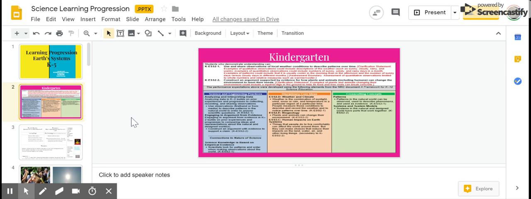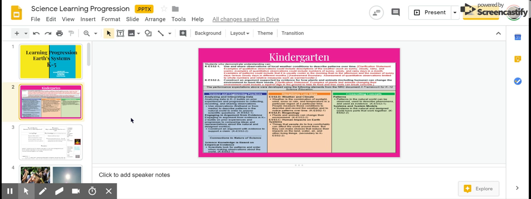And with that, we have the science and engineering practices of analyzing and interpreting data. And we have the disciplinary core ideas of weather and climate and cross cutting concepts of patterns.